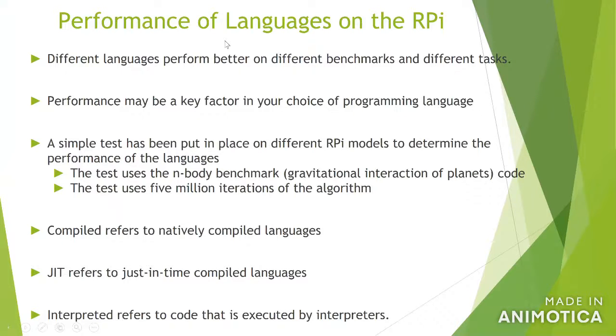Different kinds of languages have different performance. When we talk about performance, we mean how fast a program using a specific language can run. That's the performance issue for a programming language.